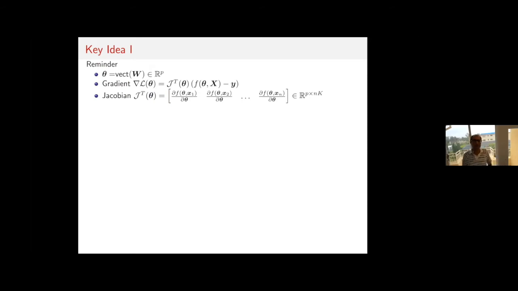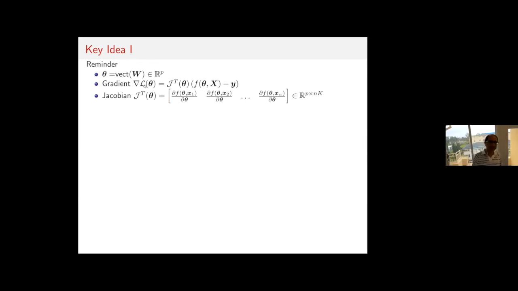So let me try to give you an idea of how this proof works, because it connects to the second part of the talk, as you will see. The key idea is, if you look at gradient descent iterations, what is the gradient here?